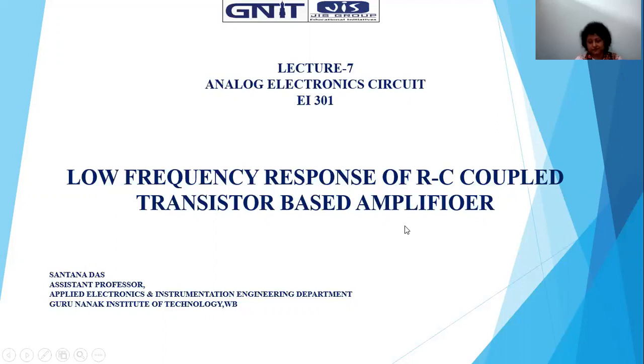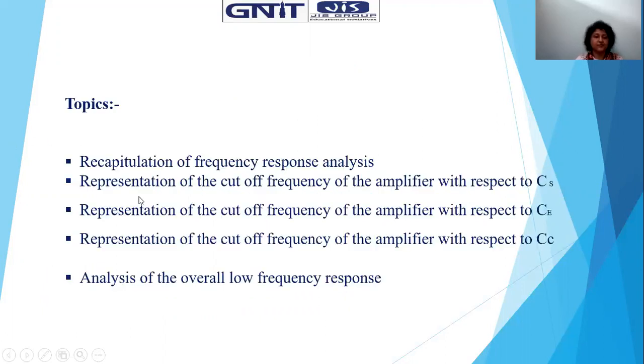What are the subtopics we need to clarify? That is the recapitulation of the frequency response analysis, and the representation of the cutoff frequency of the amplifier with respect to CS, the base terminal series capacitance, and the cutoff frequencies involved with respect to CE as well as CC, which we will analyze.